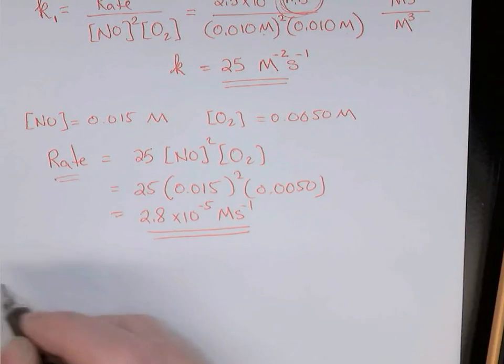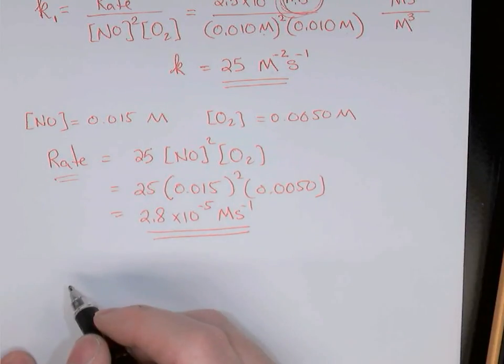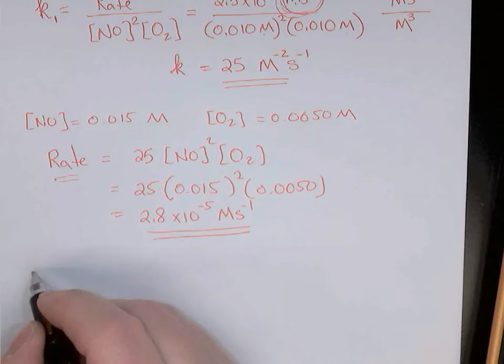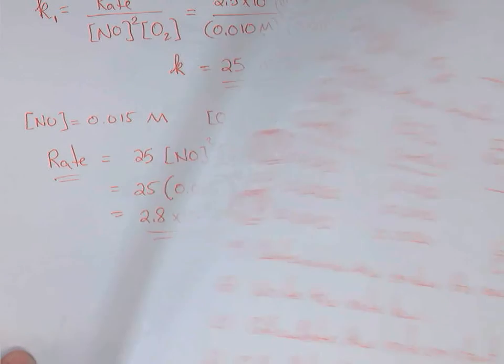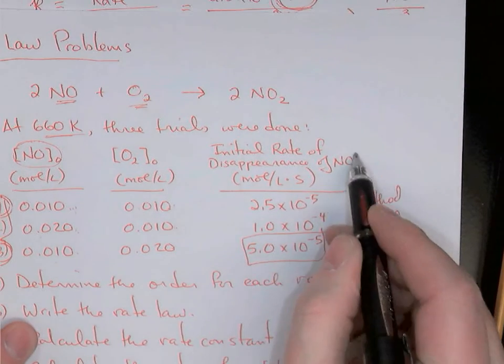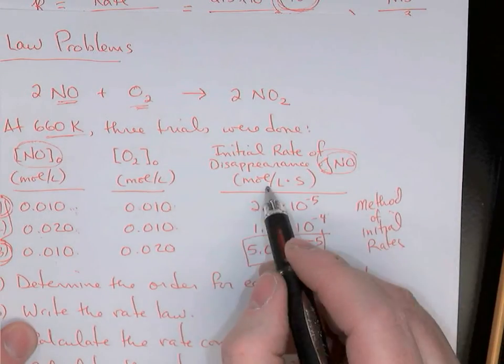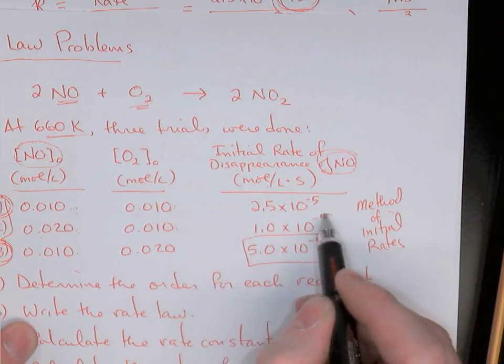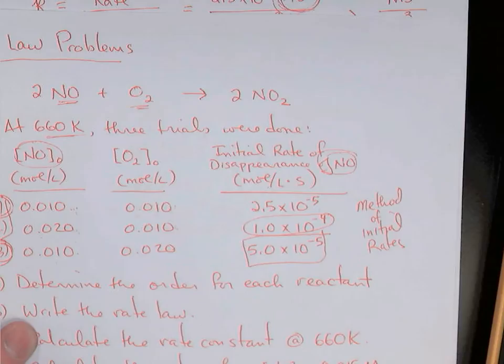And then finally, in Part E, the question said, in trial 2, what was the rate at which the oxygen was disappearing, and what was the rate at which the NO2 was appearing? If we look back at trial 2 here, we'll notice that the rate at which the NO was disappearing was 1 times 10 to the minus 4 moles per liter.